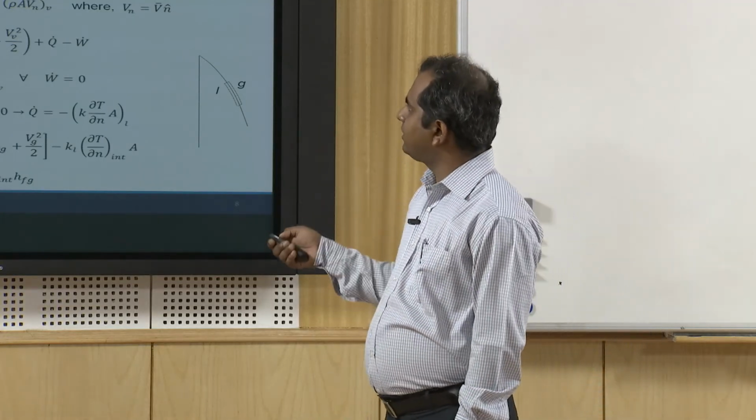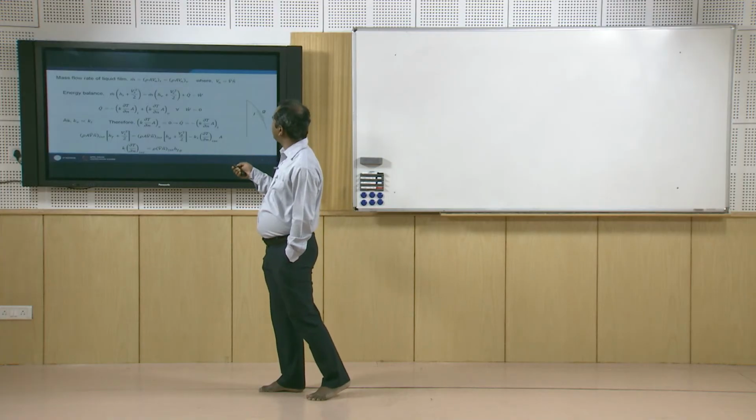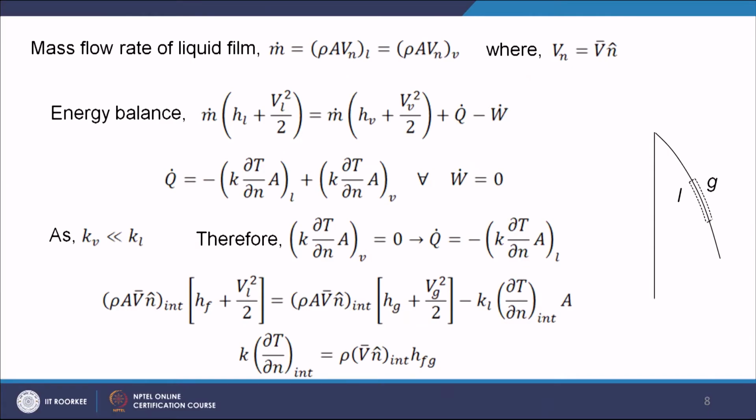After doing the mass balance, let us go for the energy balance across this interface. For the liquid side, m dot into HL plus VL square by 2. HL is the enthalpy for the liquid side, and VL is the velocity for the liquid. Here we have added the kinetic energy portion.